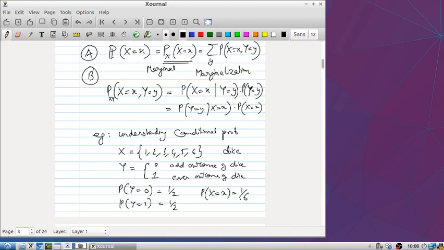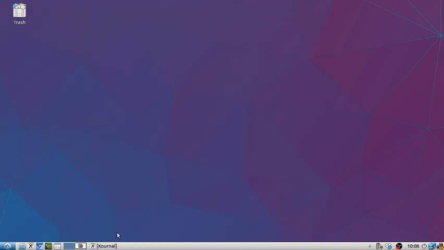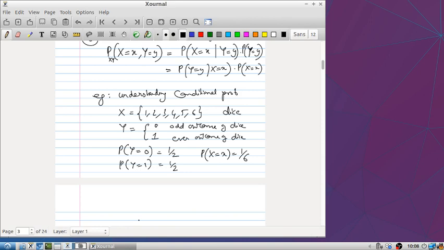Now, all I'm saying is: what is the probability that x takes a value, let's say 1, given y takes a value 0? I've already told you it's odd. So I'm giving information that we are already looking at odd outcomes.